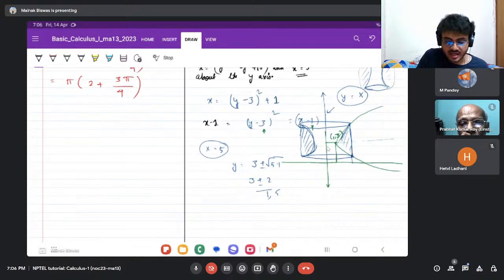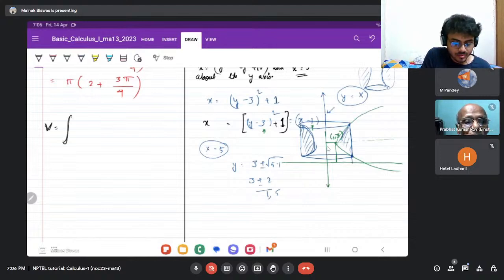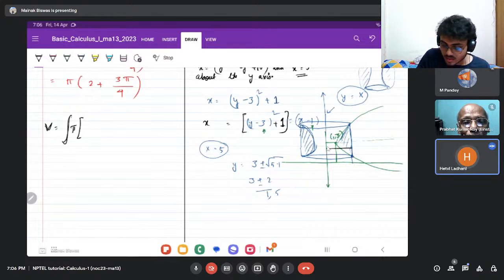So if I just write this plus 1, your volume can be written as, tell me. (y minus 3) whole square plus 1. This is your outer radius, right? Which is 5. So 5 squared minus ((y minus 3) whole square plus 1) whole square. Correct.